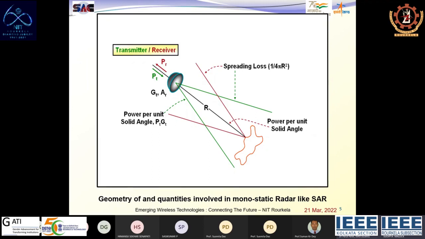So the power transmitted, the gain of the antenna, and the power received: you have to take into account all the gain, the spreading loss and the target characteristics. After all this, you find out the target properties. That's finally your goal. Next.